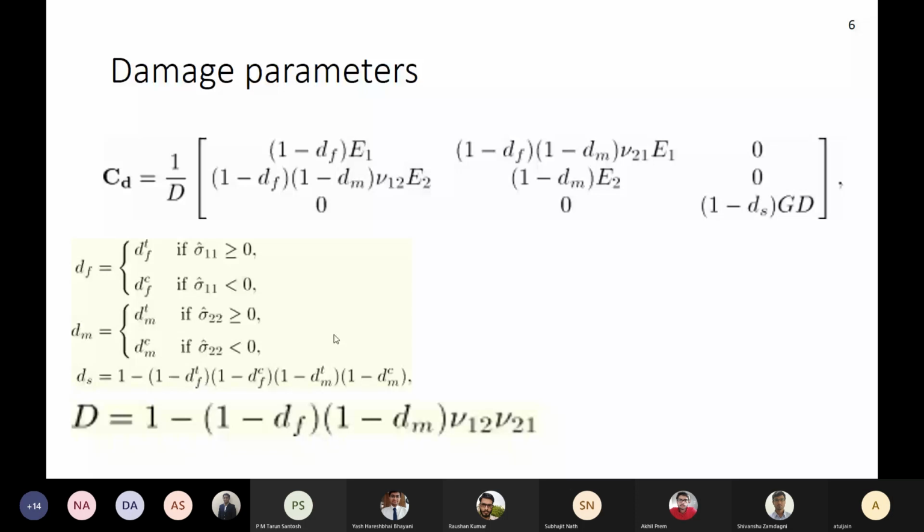df is due to fiber failure, dm is due to matrix failure, ds is due to shear, and capital D is 1 minus df into 1 minus dm into nu12 into nu21.